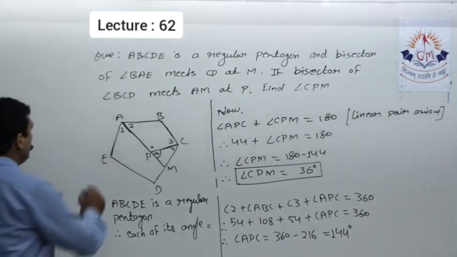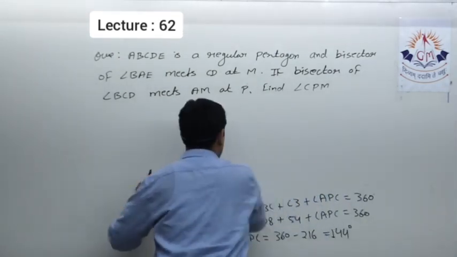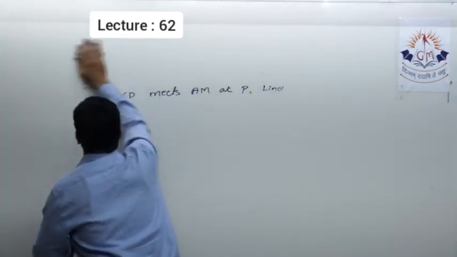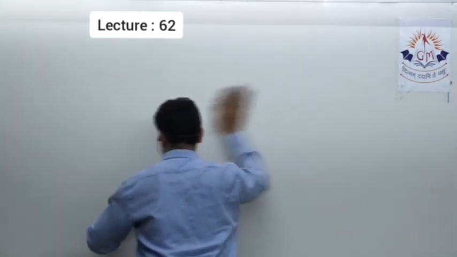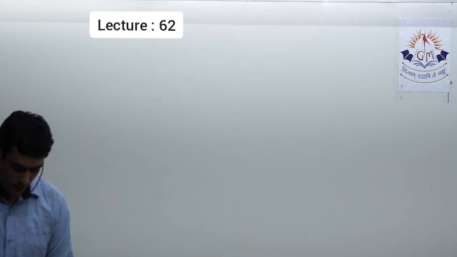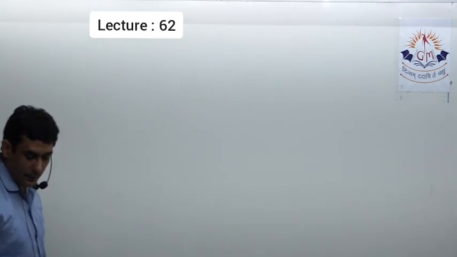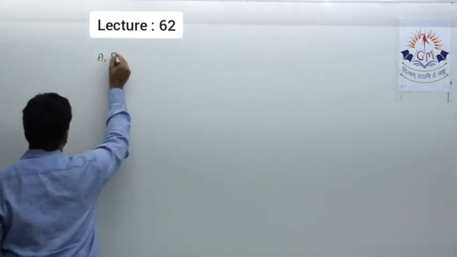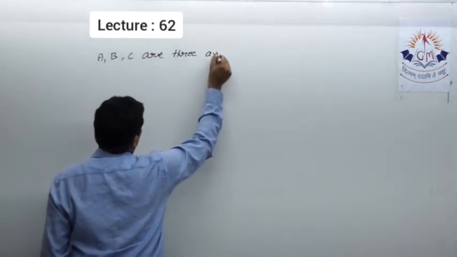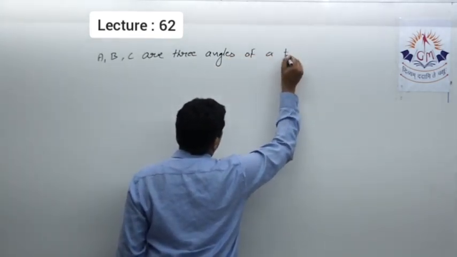Okay, now let us see the next question. Now the next question is: A, B, C are three angles of a triangle.